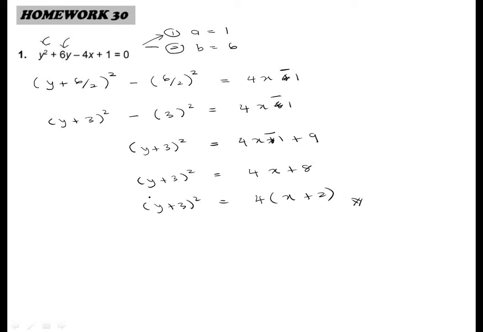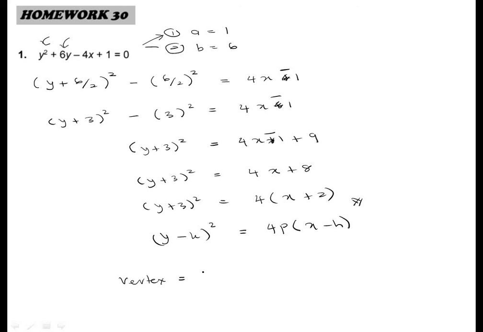And then we can compare this final equation to the standard form of the parabola, which is y minus k squared equals 4p times x minus h. And then from there, we can get the coordinates for our vertex. You don't have to worry about what a vertex is right now because we will learn about the parabola during our next class.